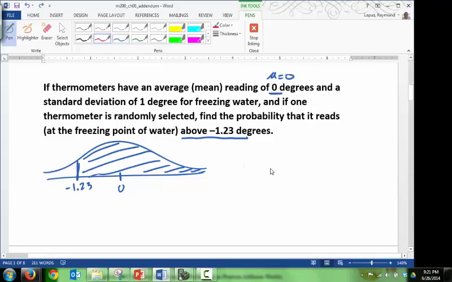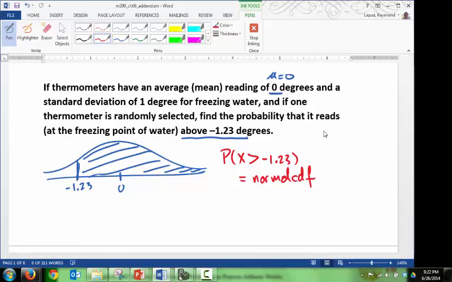So I draw my graph and I begin writing my notation. My probability that x is above, so that's a bigger than sign, negative 1.23. And then in the tests and in the quizzes, I usually tell you, if you're going to do this in the calculator, write down the calculator command.